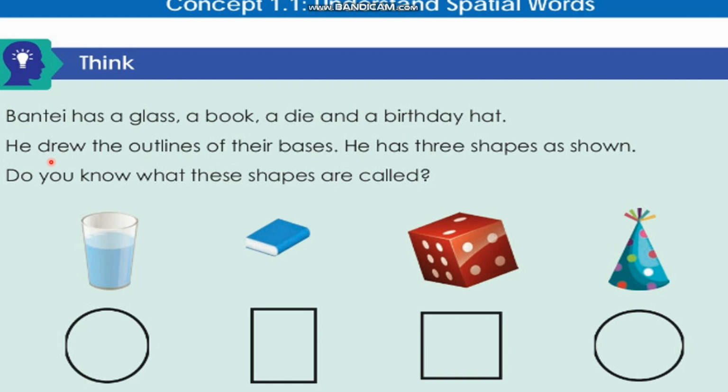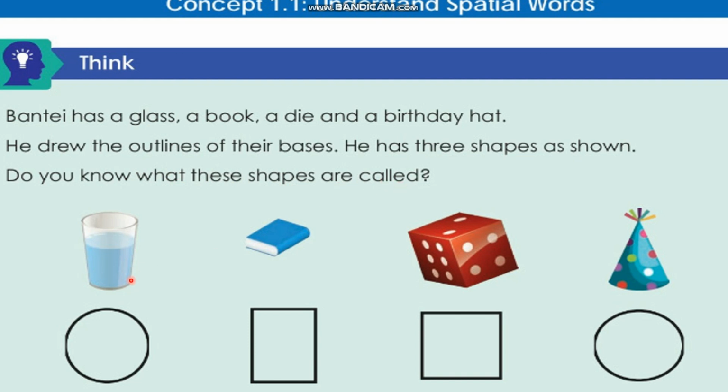Now, look what happened. He drew the outlines of their bases. He has three shapes as shown. Do you know what these shapes are called?